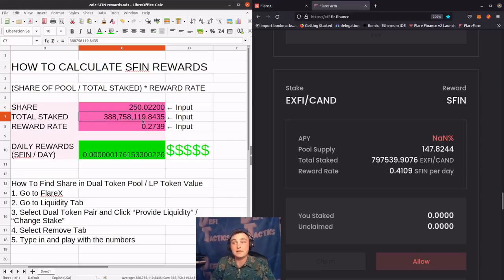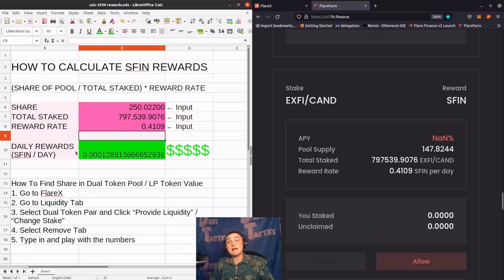So we'll enter that into our equation, 797,539.9076 with a reward rate of 0.4109 SFIN per day. So 0.4109 SFIN.